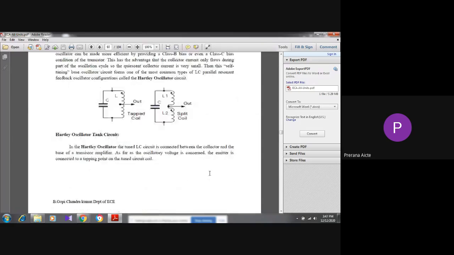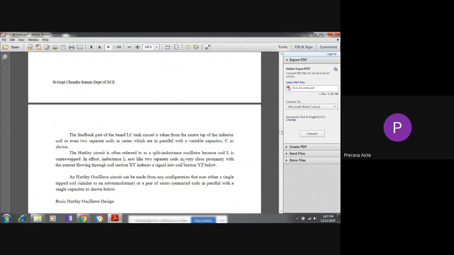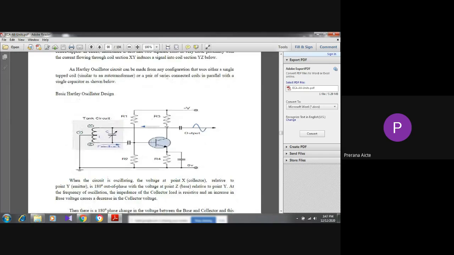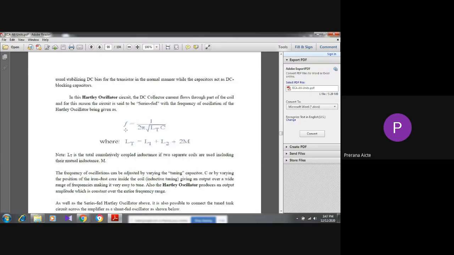Okay, now let's see the Hartley oscillator. It is similar to Colpitts. The only difference is in the feedback network. Here, two inductors and one capacitor. And this is the formula.